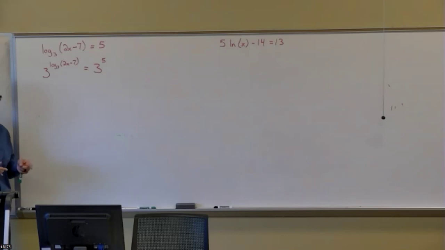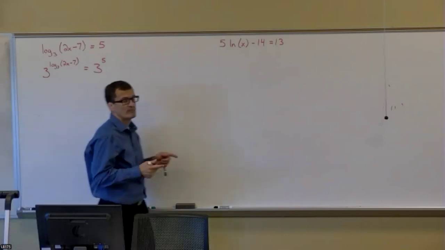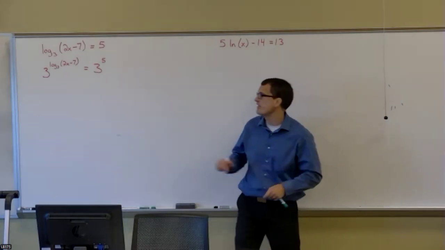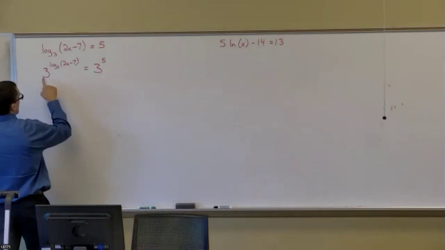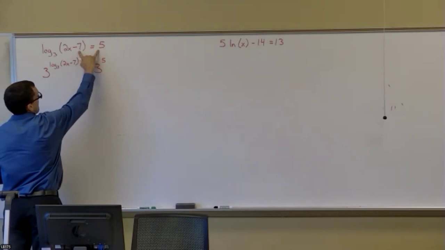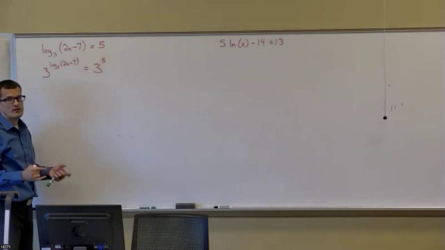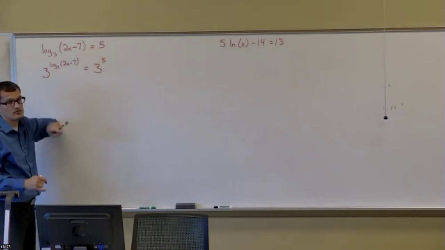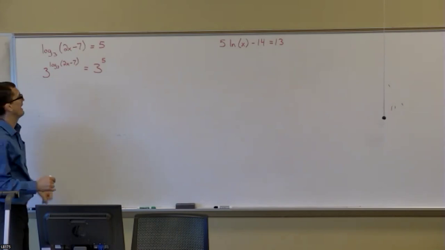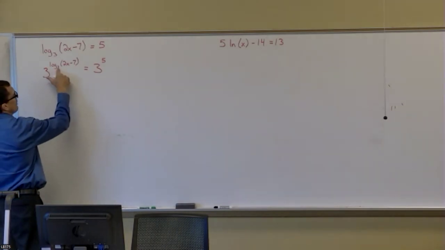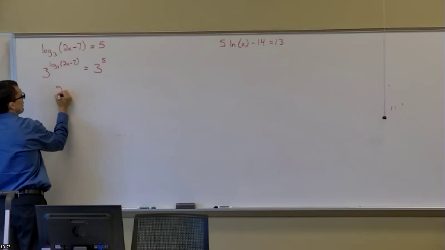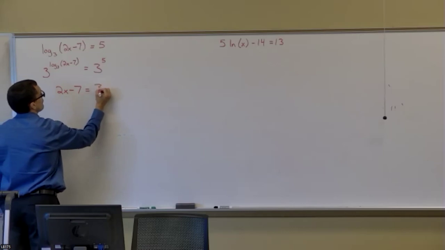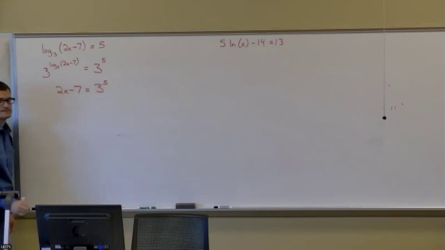I'm doing that rule we said at the very beginning of this section in reverse. At the beginning, we said if 3 raised to a power equals 3 raised to a power, then the powers have to be equal. Now I'm saying if two numbers are equal, I can take 3 and raise it to each power. If I do that, then the 3 and the logarithm base 3 cancel each other out, and I'll just be left with 2x minus 7 is equal to 3 raised to the 5th power.